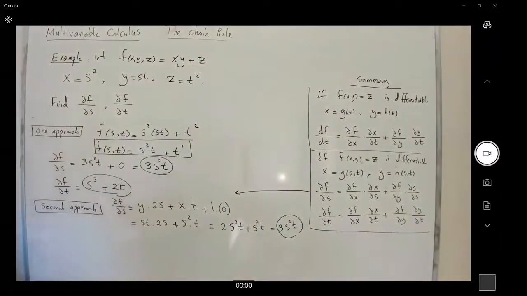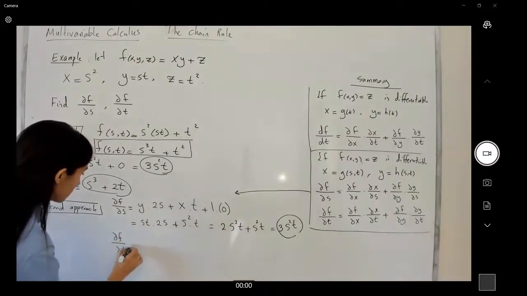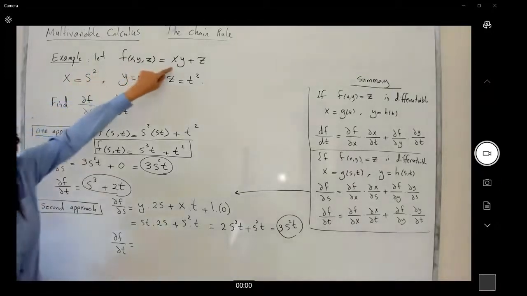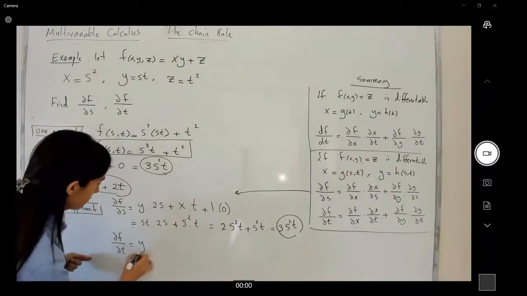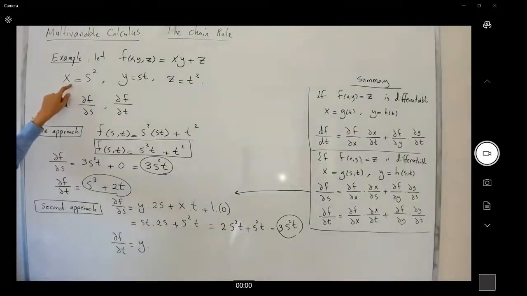Now let us take the partial derivative of f with respect to t. First, we take the partial derivative of f with respect to x. This is just y, times the partial derivative of x with respect to t.